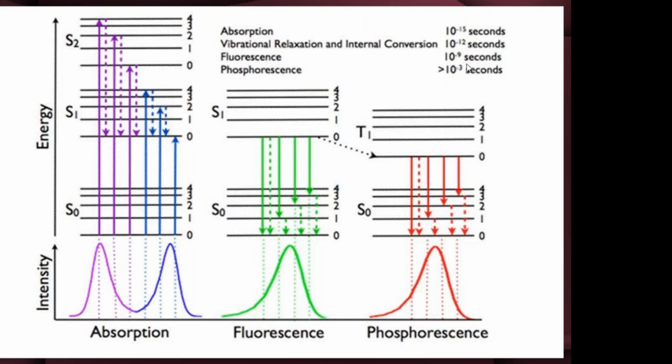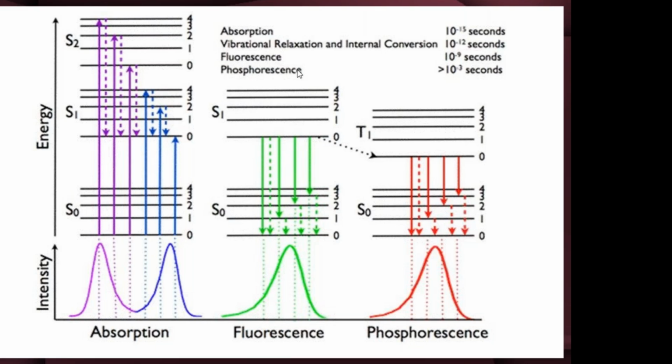So fluorescence takes about 10^-9 seconds and phosphorescence is greater than 10^-3 seconds. So suppose vibrational relaxation has occurred, then you don't get the fluorescence and phosphorescence spectra.